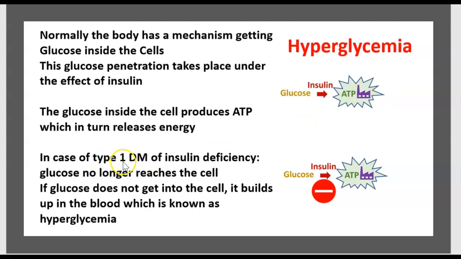In case of type 1 diabetes mellitus with insulin deficiency, glucose no longer reaches the cell. If glucose does not get into the cell, it builds up in the blood, which is known as hyperglycemia.